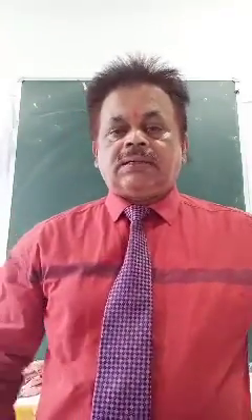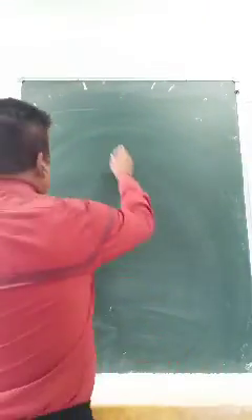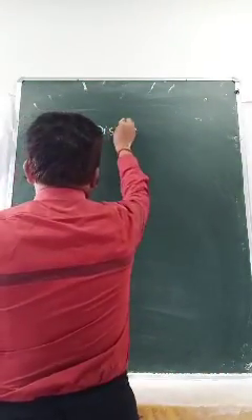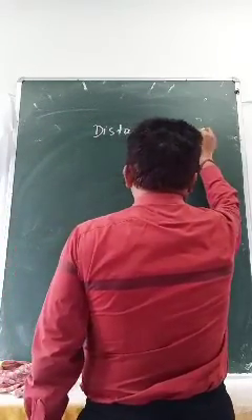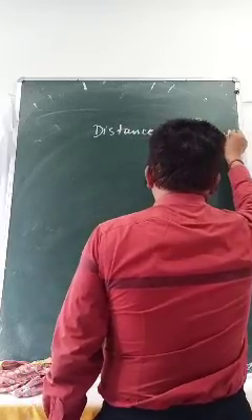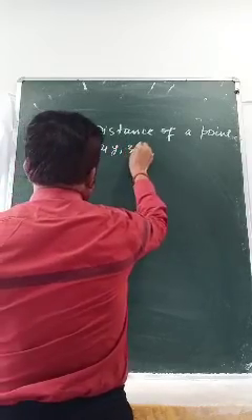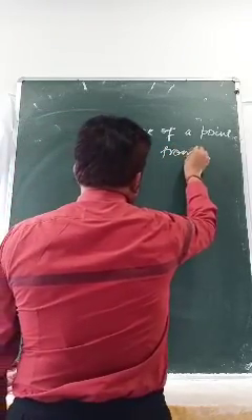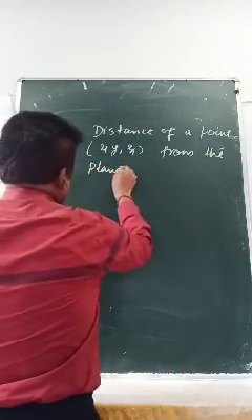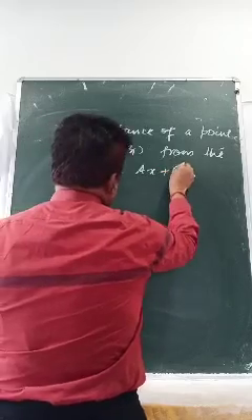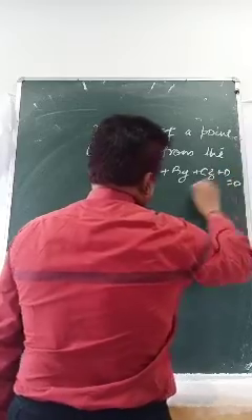So today we will start the distance of a point, say x1, y1, z1, from the plane ax + by + cz + d = 0.